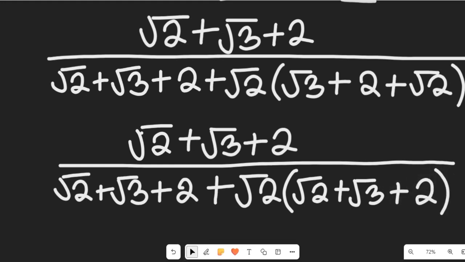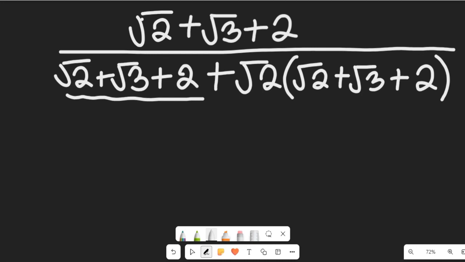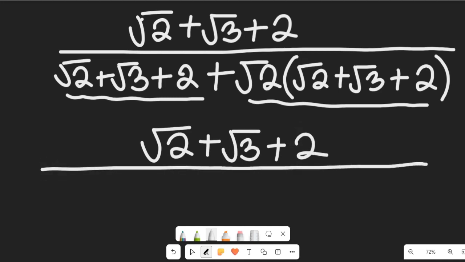So from the denominator, you can see that we have two common terms, so we are going to look at bringing one of those terms out, plus the square root of 3 plus 2, that's the numerator, and this will be divided by the square root of 2 plus the square root of 3 plus 2, which is common.